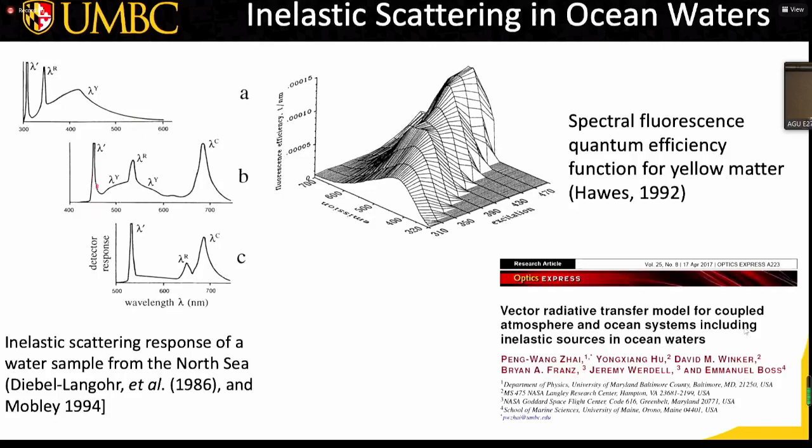And if you move this excitation here, you see how they are shaped. So in the model, we consider all the excitation and the emission relations properly. And this shows the CDOM or yellow matter fluorescence features. We use this information to model the inelastic scattering.